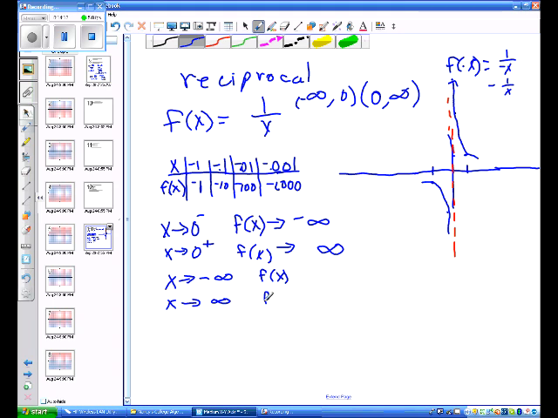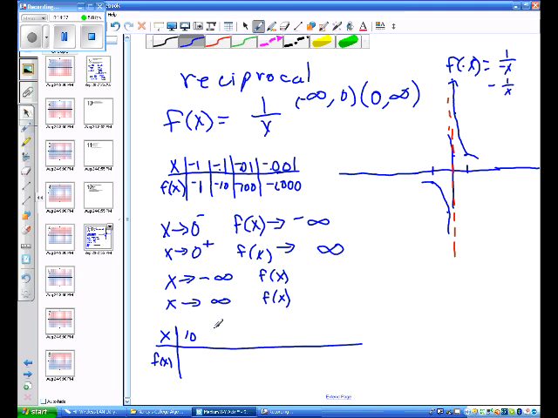So let's again pick some points. And in this case, I'm just going to do it on the positive side. It doesn't really matter which side we pick since we know that we're symmetrical. But let's just make us a chart. So as x gets bigger and bigger, we already know what it is at 1.